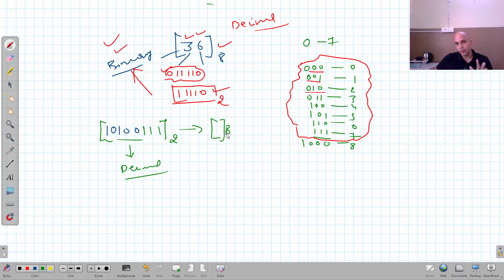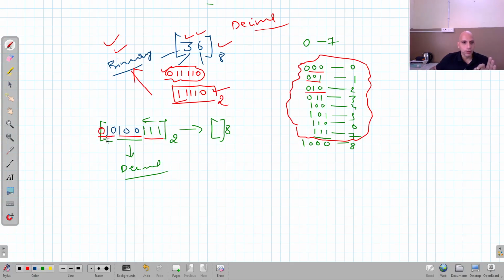You can directly use this technique, but you have to start from these bits on the right side and move toward this side by taking combinations of 3, 1 to 3, 1 to 3. Now here only 2 are left, so I will place a 0. Nothing wrong in it. Now these 3-bit combinations are formed: 0 1 0.